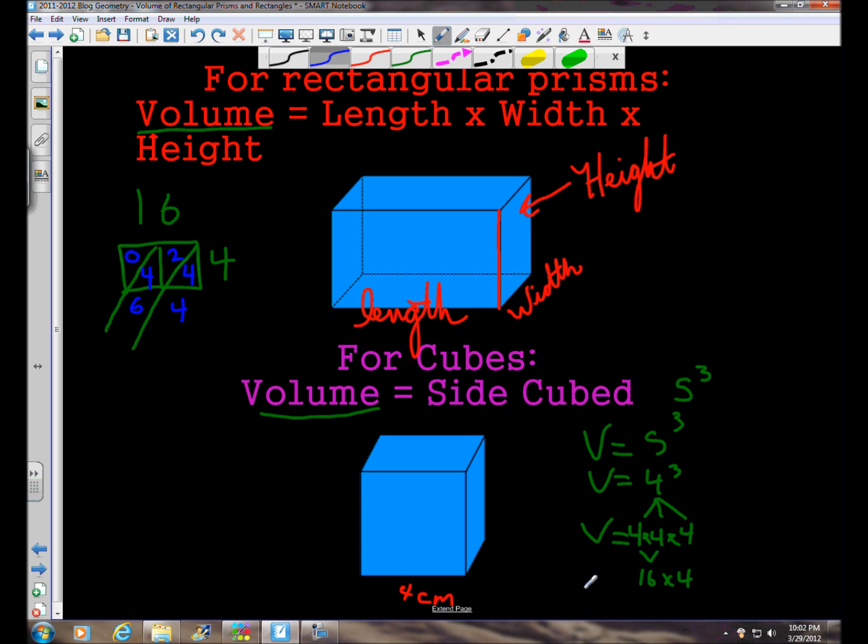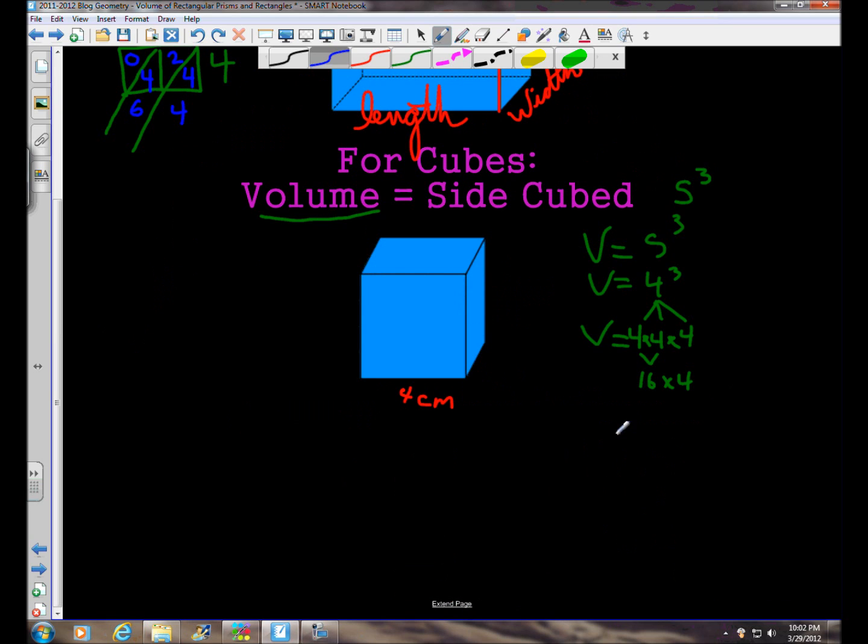So our volume would equal 64, and our units were centimeters. So we'll just take that and raise it to the third power. We have 3 dimensions, so the units we're going to use are centimeters cubed, or cubic centimeters.